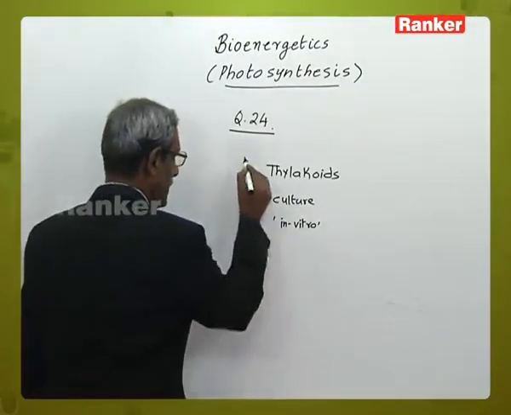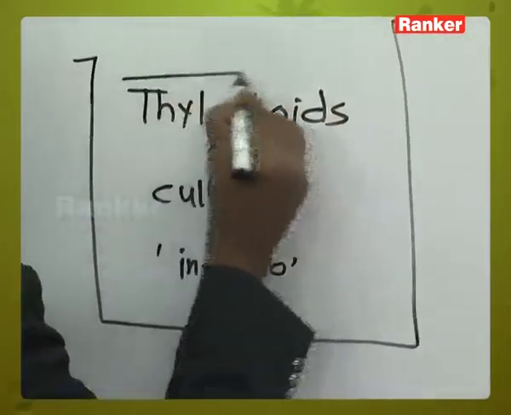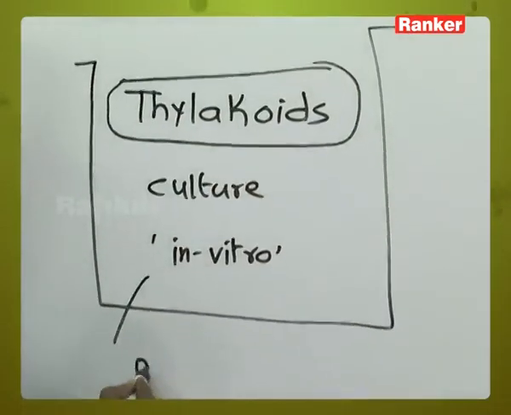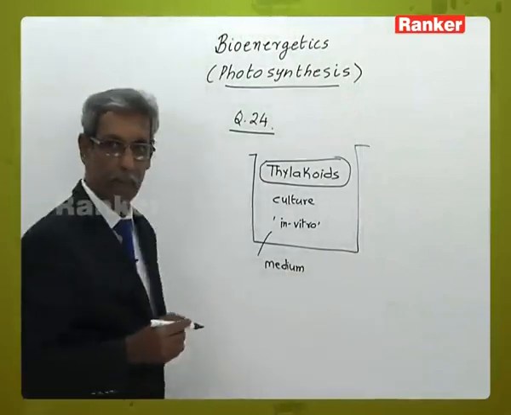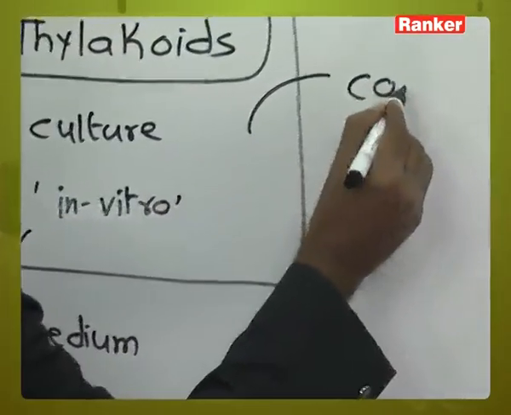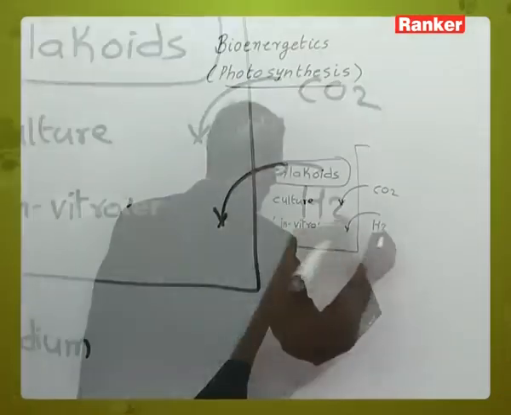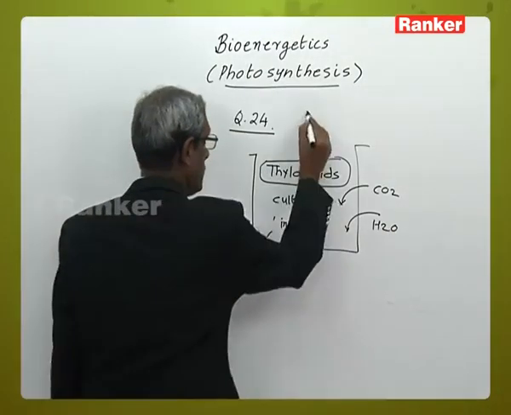So, when you culture the thylakoids in a medium, you are adding carbon dioxide, input is carbon dioxide, input is also water, as well as you also expose it to light.